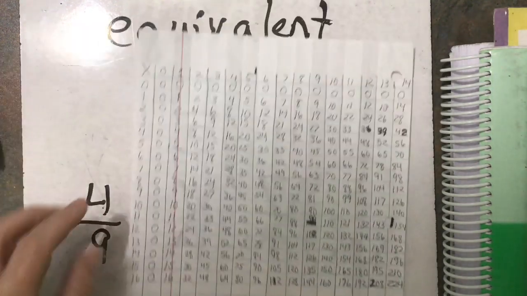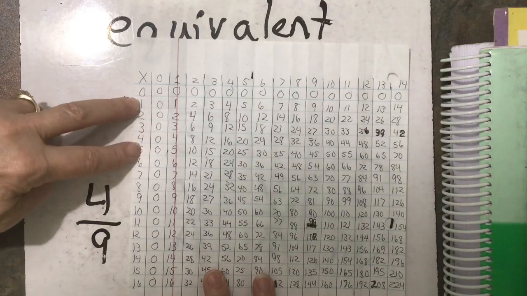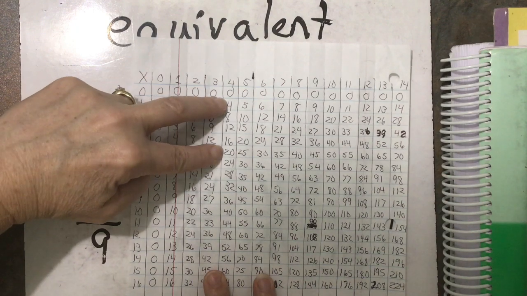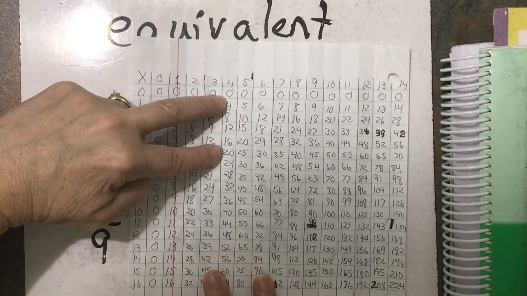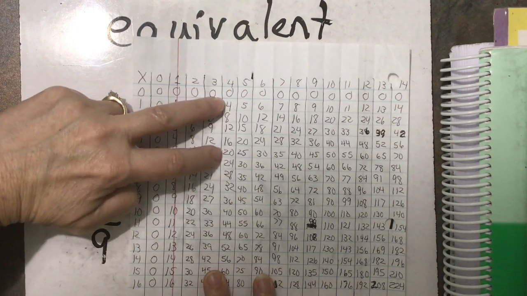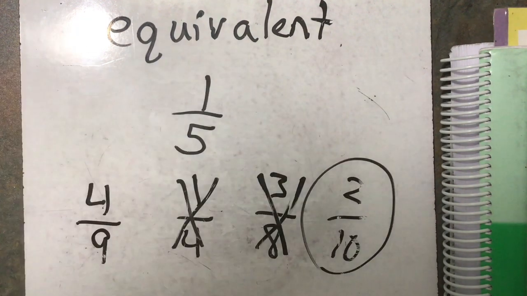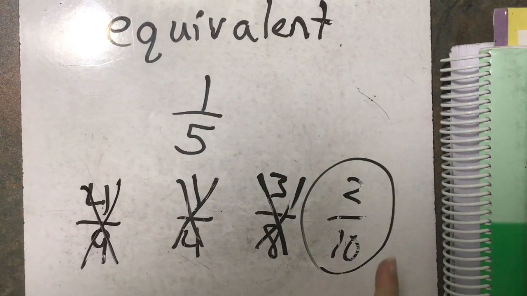That's why that one was equivalent. 1/5 was equivalent to 2/10. The next one is 3/15, and the next one is 4/20. So the 4 is right, but that should have been a 9, and it's not. It's a 20. So this one is not equivalent either. So the only one that's equivalent is 2/10. I'm going to go ahead and click that one on IXL and get another problem so we can practice a little bit more of these.